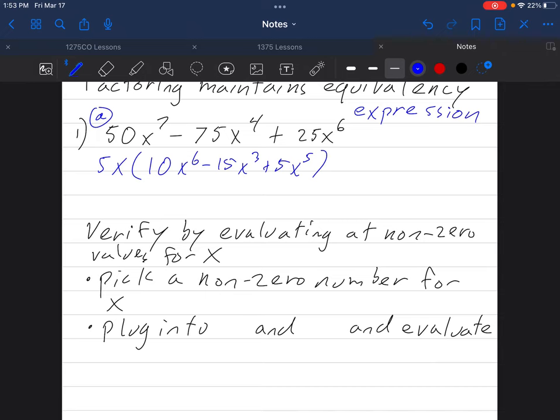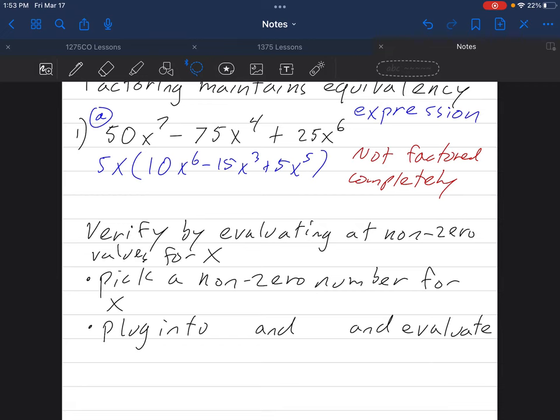Now what's confusing is this is not factored completely. It's possible to factor but not factor completely, meaning factoring completely means that inside here, 10x to the 6th minus 15x to the 3rd plus 5x to the 5th does not have any more common factors in it.